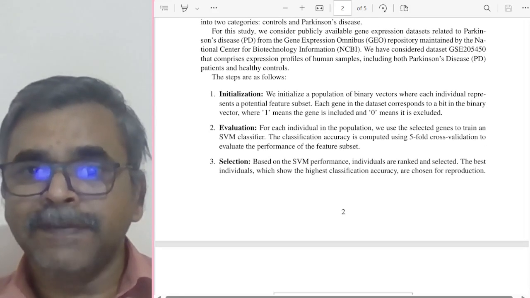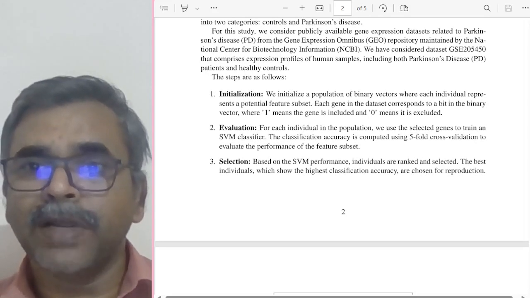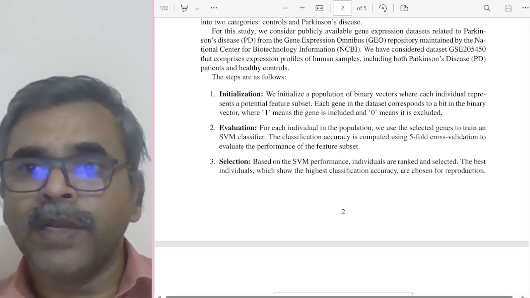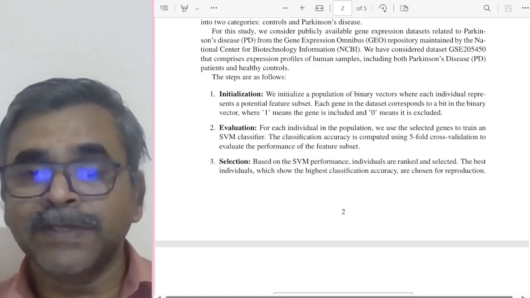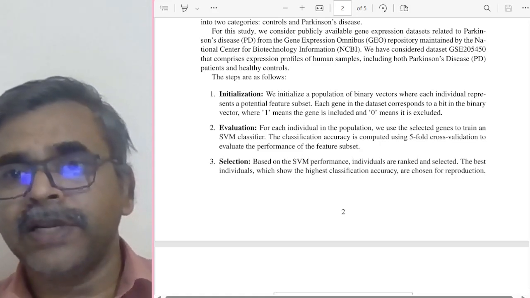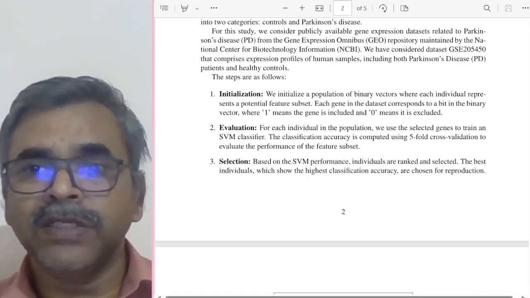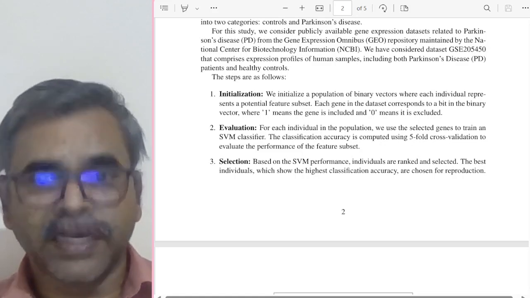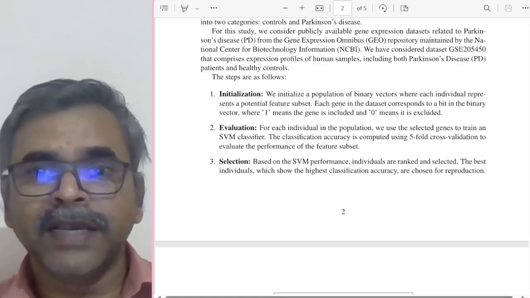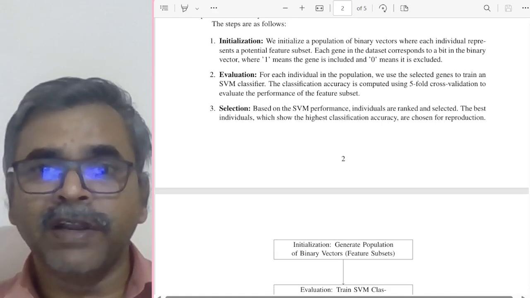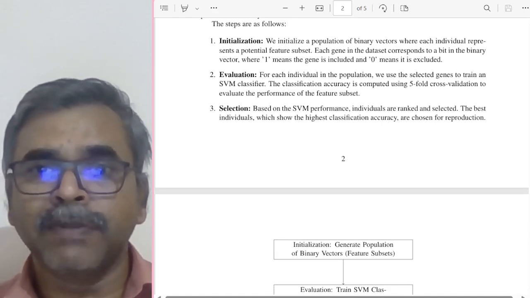This algorithm has steps. In the first step, we initialize the population of binary vectors where each individual represents a potential feature subset. Each gene in the dataset corresponds to a bit in the binary vector, where 1 means the gene is included and 0 means the gene is excluded. The second step is evaluation. For evaluation we use an SVM classifier.